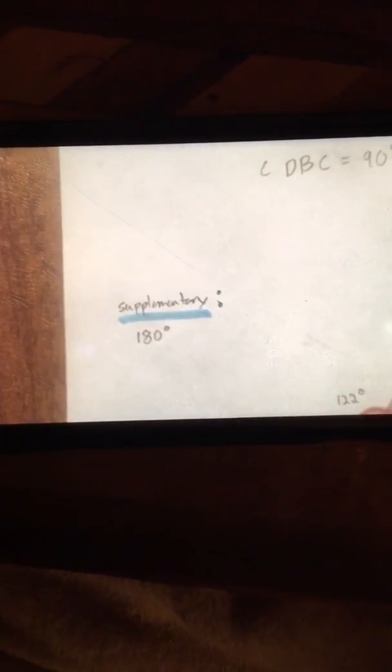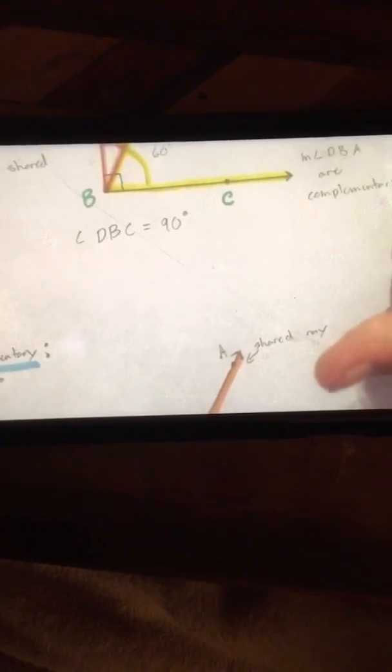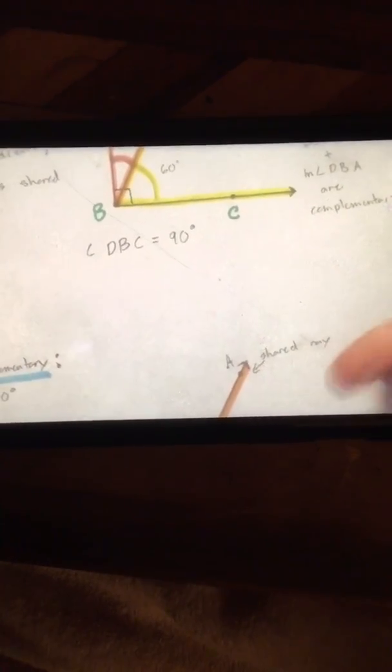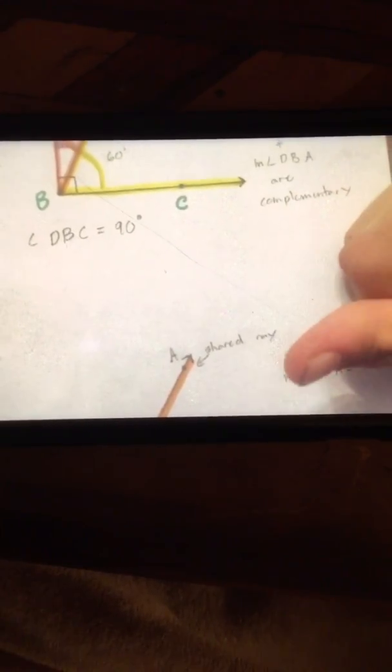And then measured angle DBA, let's go that way. It doesn't matter whether you go ABD. Let's go DBA because I like that a little better. Equals 122 degrees. And we're not looking at any of that other stuff because that's just what they are.